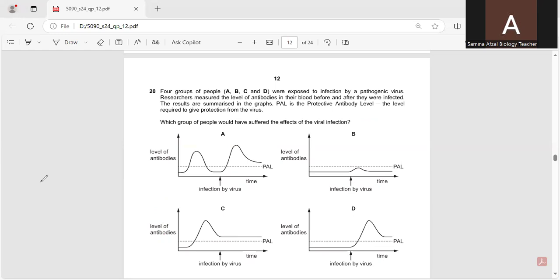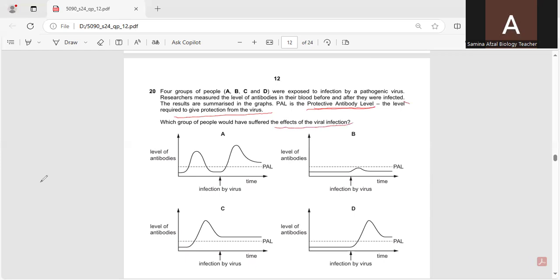Researchers measured the level of antibodies in their blood before and after they were infected. The results are summarized in the graph. PAL is the protective antibody level, the level required to give protection from the virus. Which group of people would have suffered the effects of the virus infection?